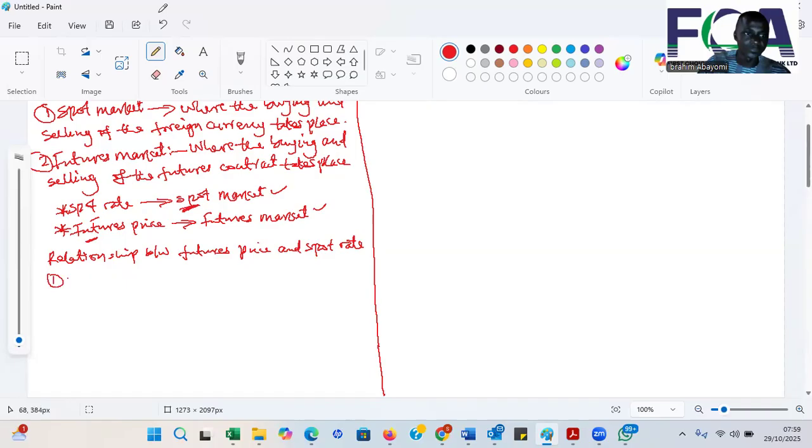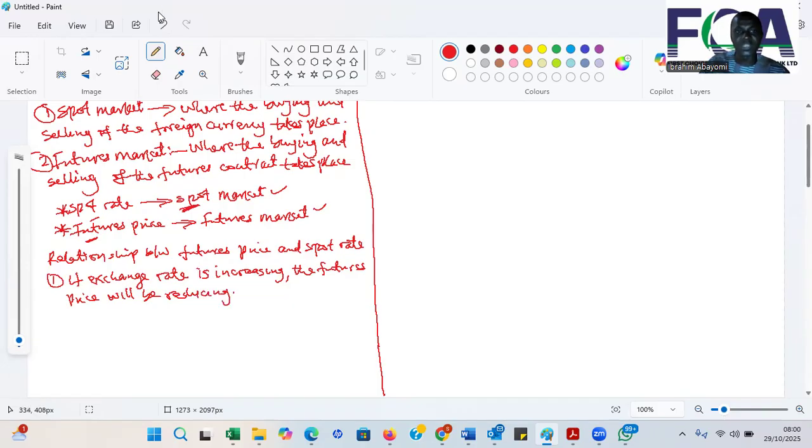So one, if exchange rate is increasing, the futures price will be reducing.